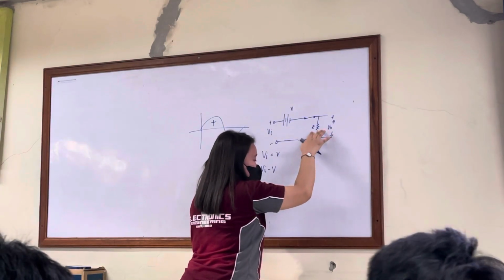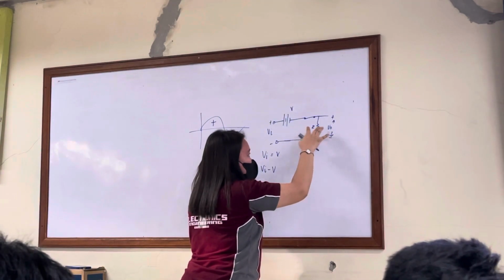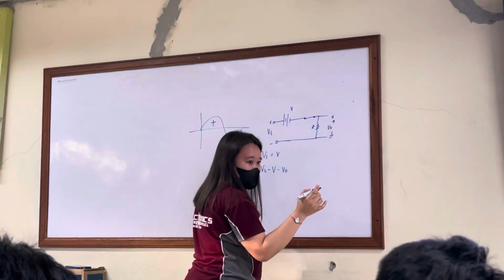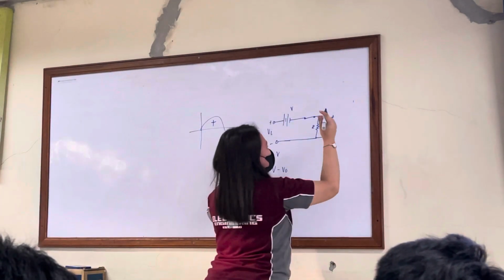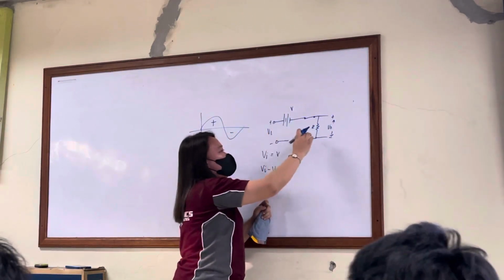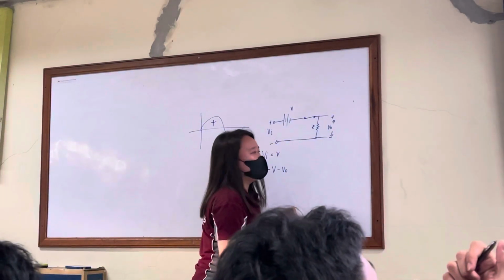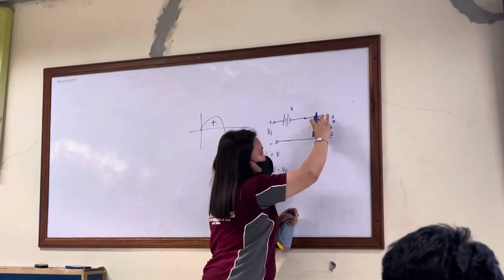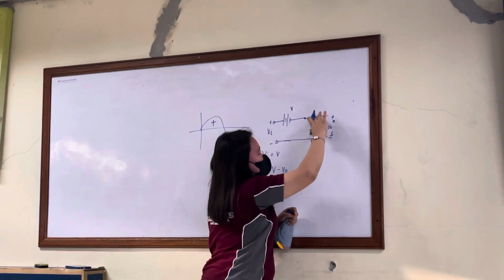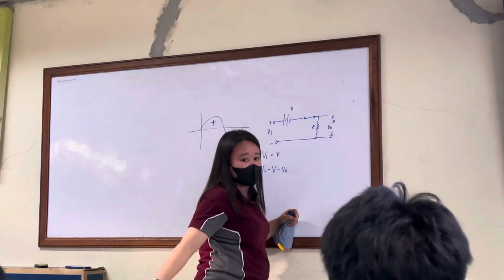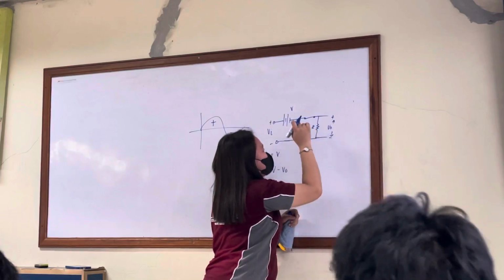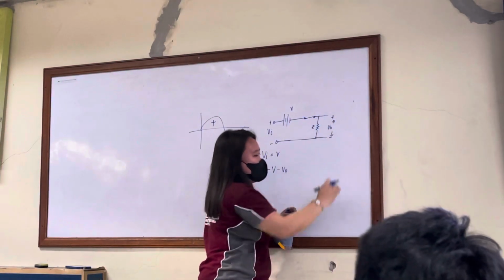So VO is equal to VR. This is our load resistance, and the voltage drop across our resistor is our output voltage.